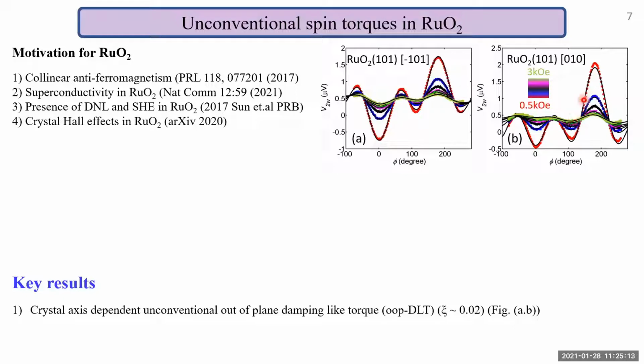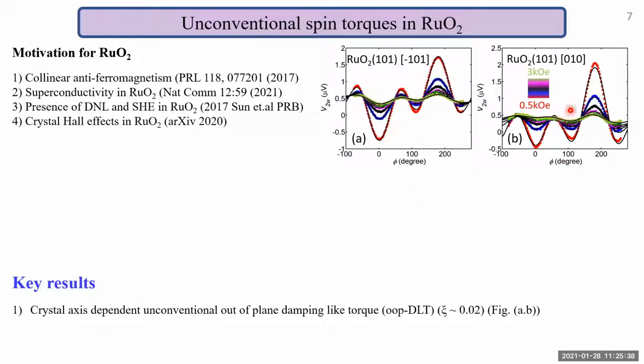These two curves are obtained when current is passed in two different directions of the 101-oriented ruthenium oxide film. When it is passed in the 010 direction of the 101-oriented film, we see a lot of unconventional out-of-plane anti-damping torque. But we don't see that when it is passed in the other direction.